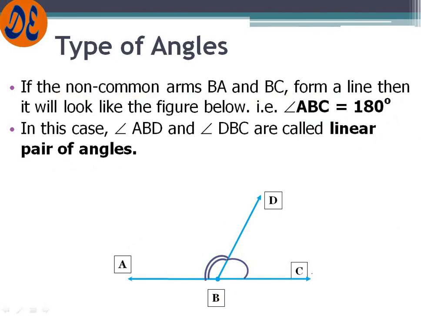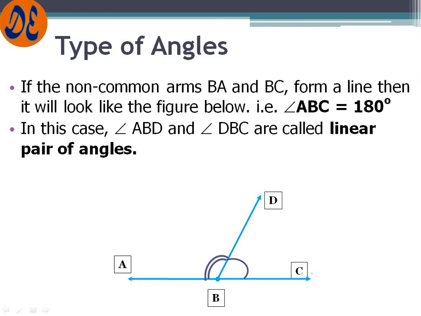beside being supplementary, there is one more common property, that both the angles are adjacent angles. So for becoming a linear pair, both angles should be adjacent and their sum should be 180, or we can say they also should be supplementary angles. So two conditions should be met for becoming a linear pair: the angles should be supplementary and the angles should be adjacent.